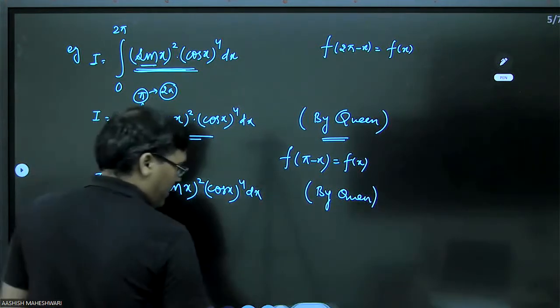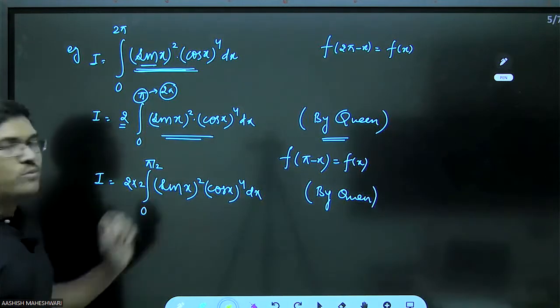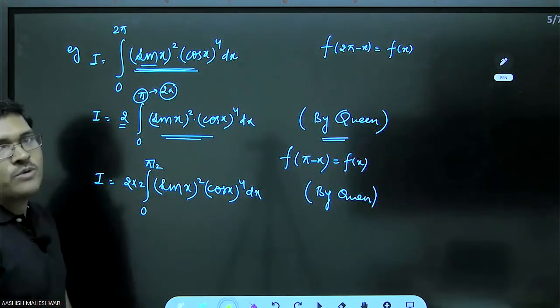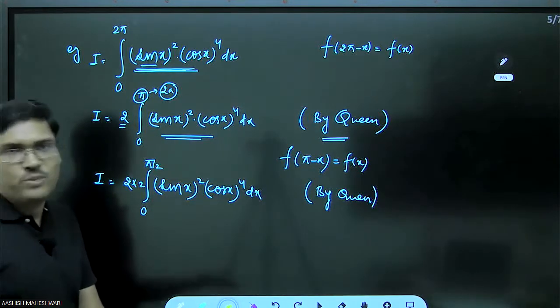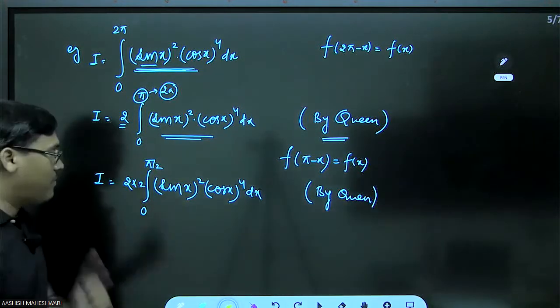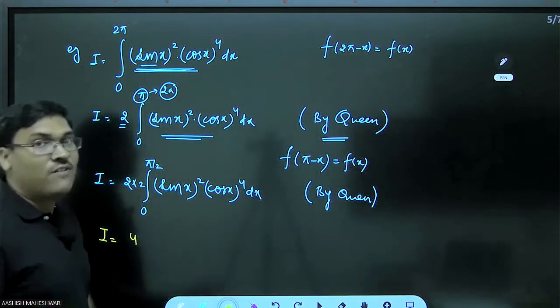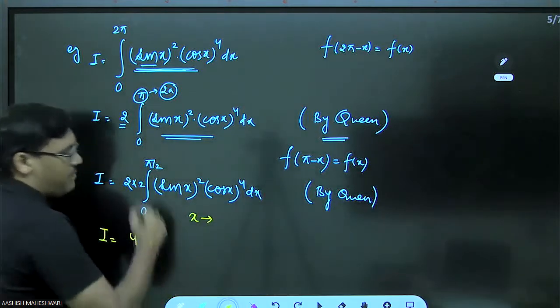Now again, if you apply x goes to pi by 2 minus x, now we can see the functions will change. So obviously Queen property cannot be applied, because if the function is changing, it will not be equal to f of x, nor equal to minus of f of x. But now I am applying the King property, that is x goes to a plus b minus x.